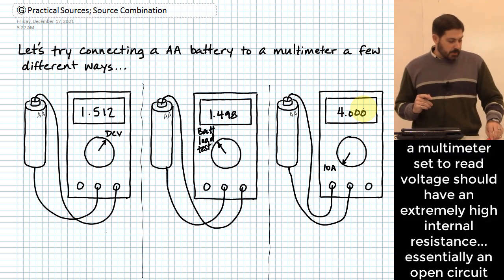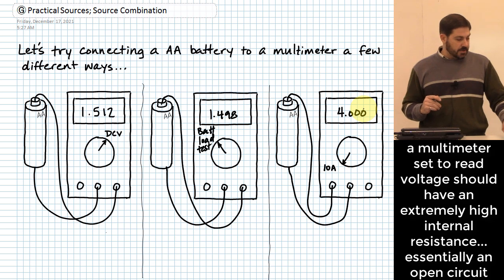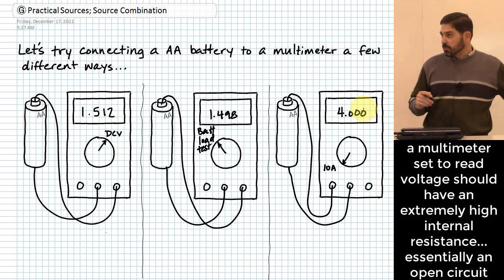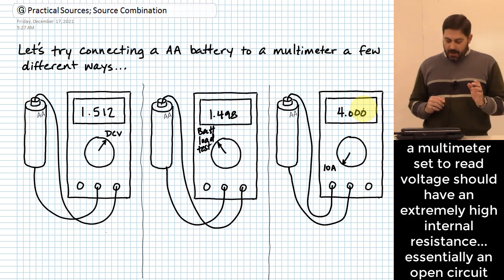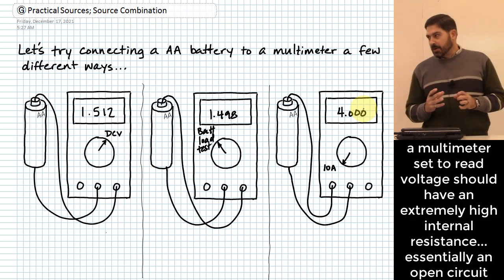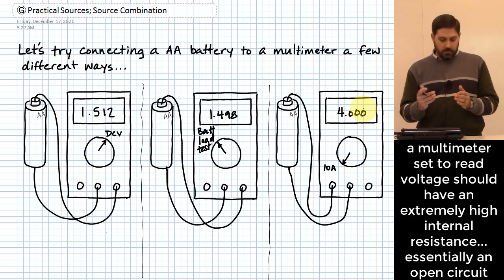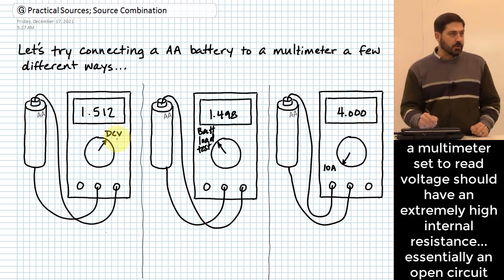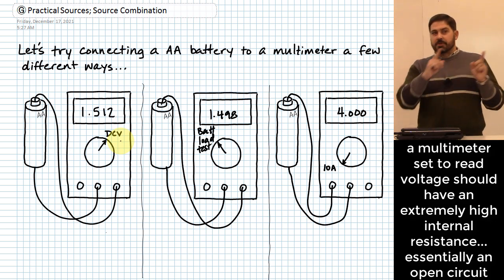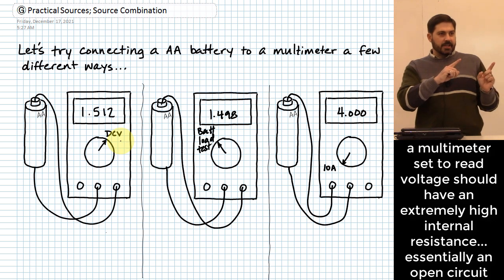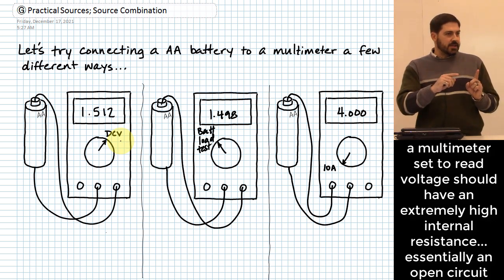Okay, now let me explain why we get different values here whenever we do these different tests. Okay? When you are using a multimeter and its job is to tell you DC voltage, right? When we were on this very first setting with DC voltage, inside the meter, the best way for that meter to look to the rest of the circuit you hook it up to is like an open circuit. Okay? Why do you think that might be?